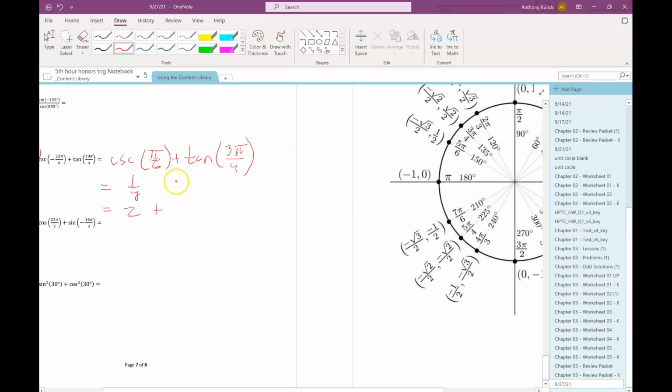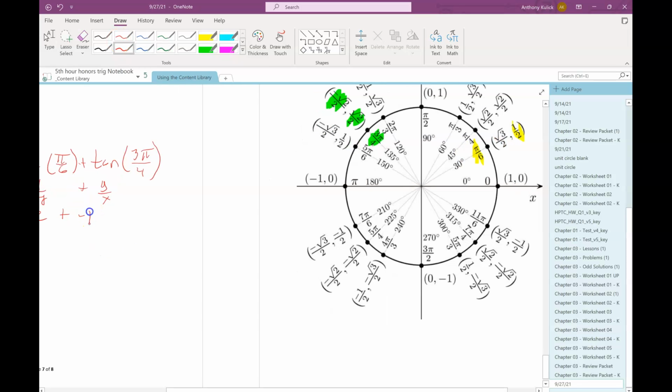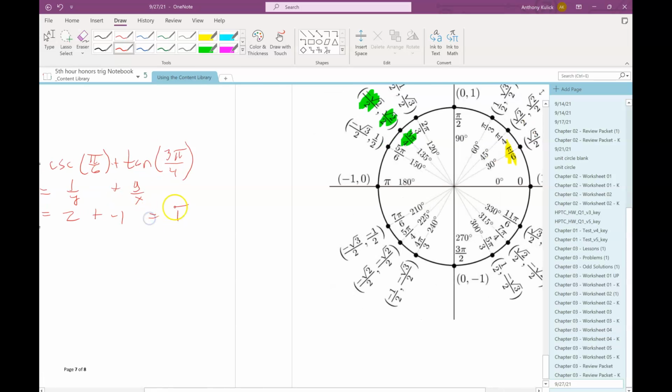Tangent, I remember, is y over x. So if I locate 3 pi over 4, there it is. So y over x is just going to be negative 1. And 2 plus negative 1 is 1.